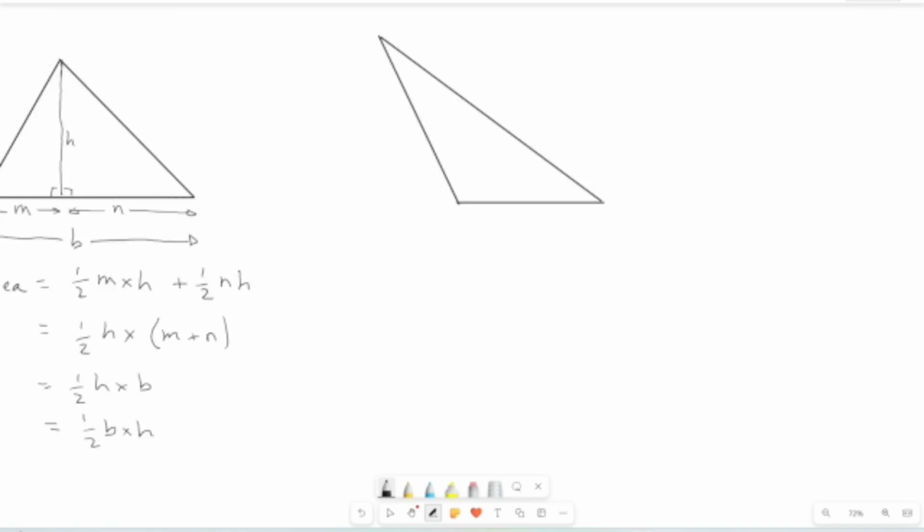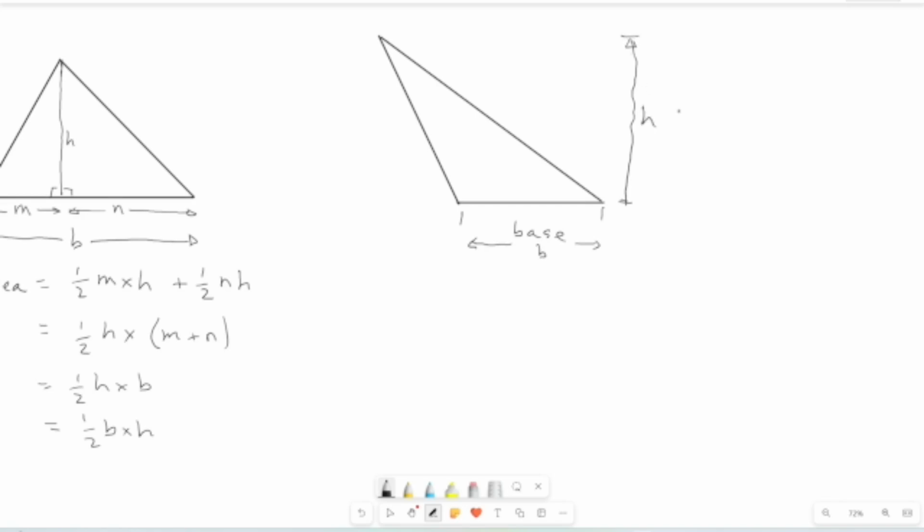The last triangle shape to consider is this one where it leans over its base. So how can we apply working out the formula for this one? So we know that this is going to be the base. This is the base length, or b, and the height goes from the base up to the apex, which is about there.